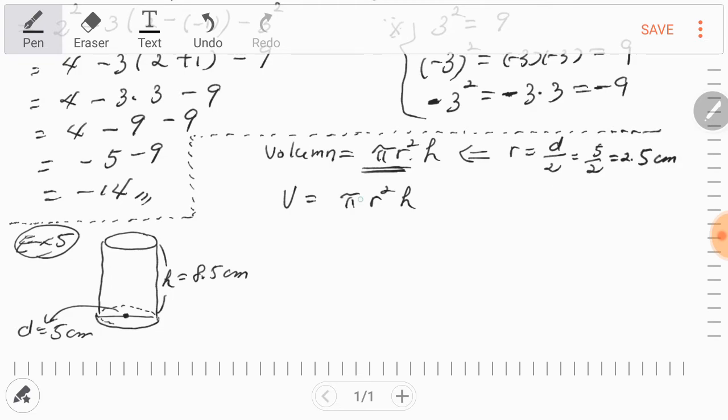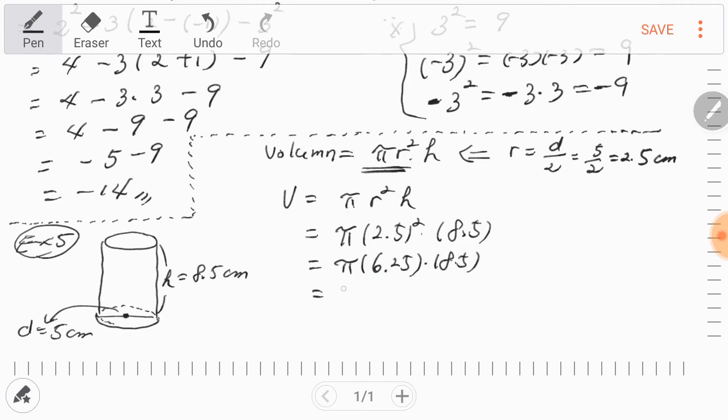Height is 8.5. What we do is just evaluate this volume, because we already know the values of the radius r and the height h. So pi times 2.5 squared times 8.5. 2.5 squared is 6.25, multiplied by 8.5.